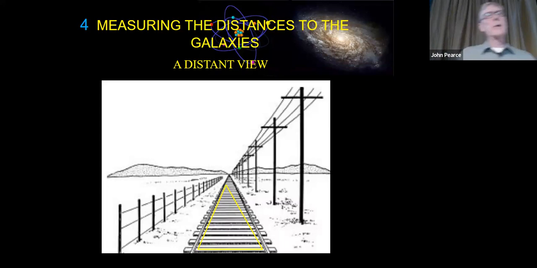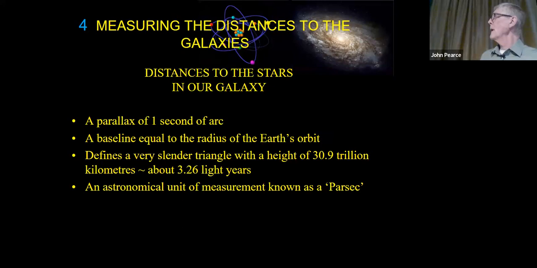Now that angle is the parallax, and it's measured as 1 second of arc, and that triangle is defined, if you like, with a parallax of 1 second of arc, which is the same as the apex angle, and the baseline, the railway sleeper, is equal to the radius of the Earth's orbit. And that geometry of a right-angled triangle with the radius of an Earth's orbit and an apex angle of 1 second of arc, which, bear in mind, is 1/3600th of a degree, so it's quite tiny.